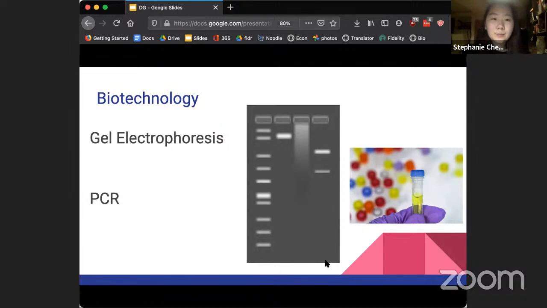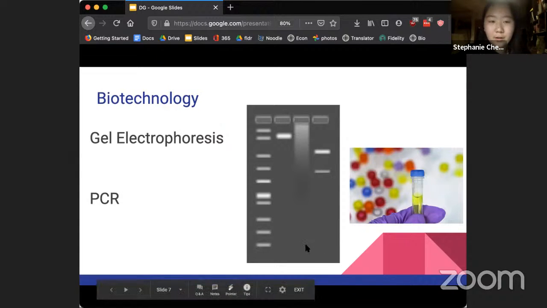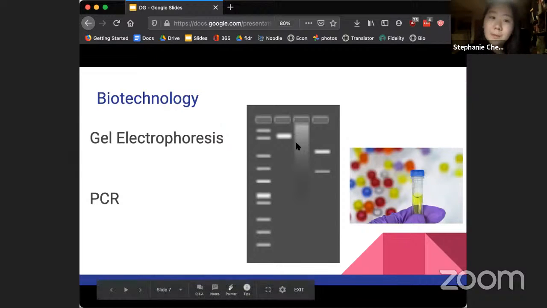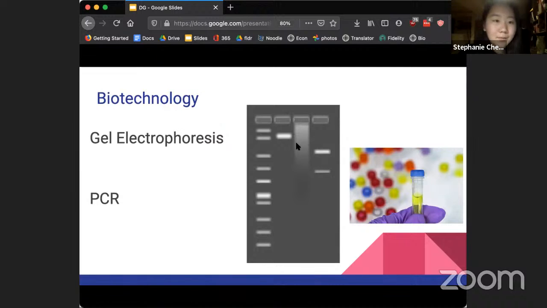And as it runs, since DNA is negatively charged, it will move through the gel matrix towards the positive charge. Smaller fragments will travel down farther to the bottom because they're lighter and they can work through the gel more easily. And then larger, heavier fragments will be at the top. And this is just a great way to understand how you can separate DNA.